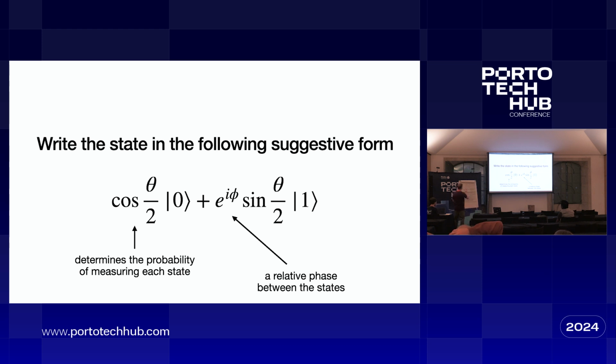Now you remember from high school this identity, cos squared theta plus sine squared theta equals 1. Looks a lot like this. If we make cos theta be the magnitude of alpha, and sine theta be the magnitude of beta, then theta somehow captures alpha and beta at the same time.